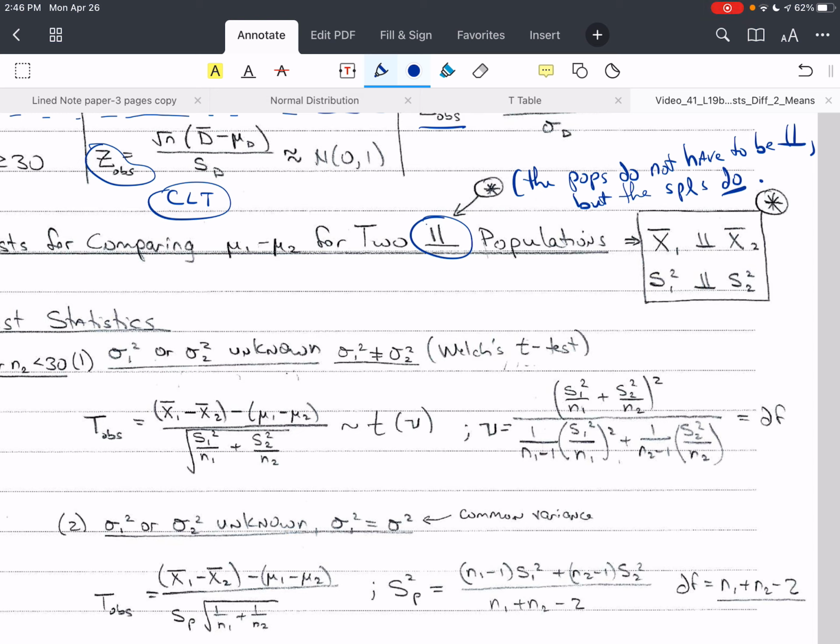You say, well, if the populations are dependent, how can we create independent samples from each of these populations? Well, usually populations are dependent because they have some of the same members. So as long as we don't choose the same subjects for the two, if that's the reason they're dependent, then as long as we don't choose the same subjects, then we're okay.